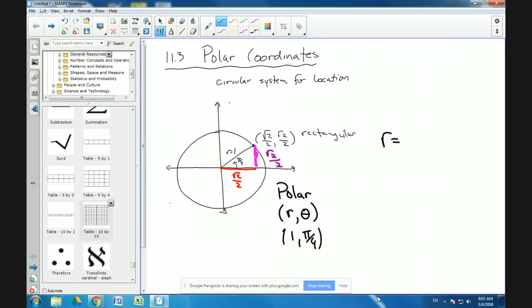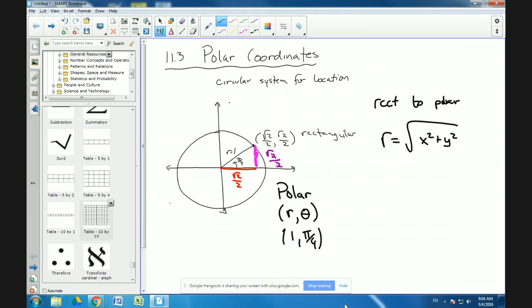Yeah, it's the Pythagorean theorem. So, r is the square root of x squared plus y squared, right? So we're going rectangular to polar here. You're given a point, and the Pythagorean theorem gives you the radius.